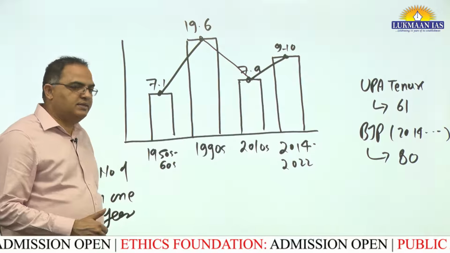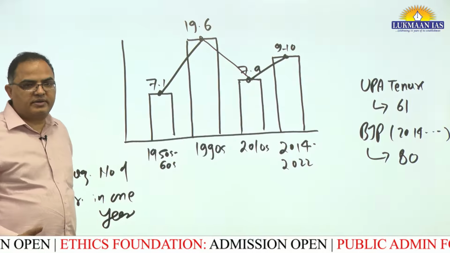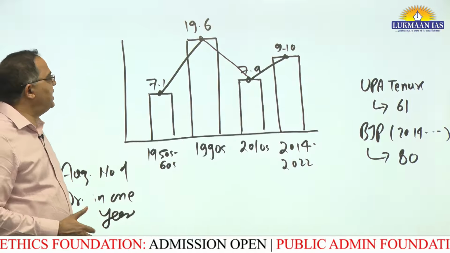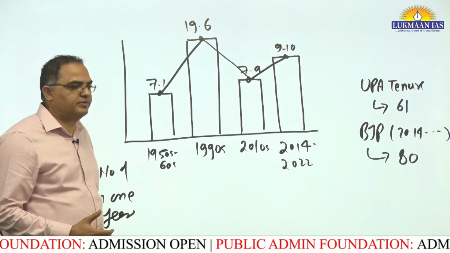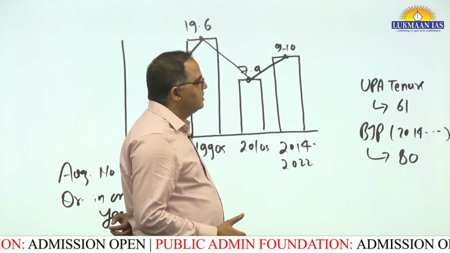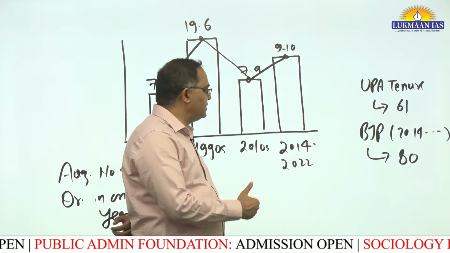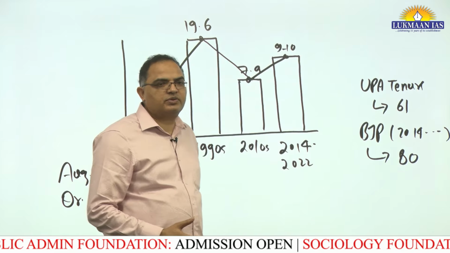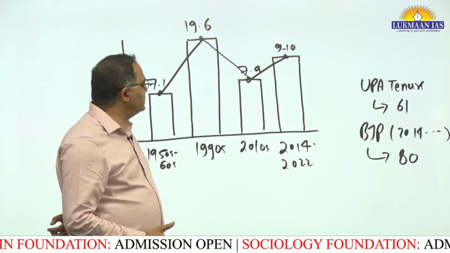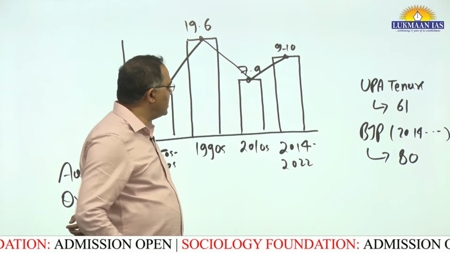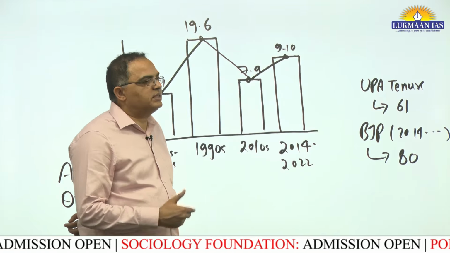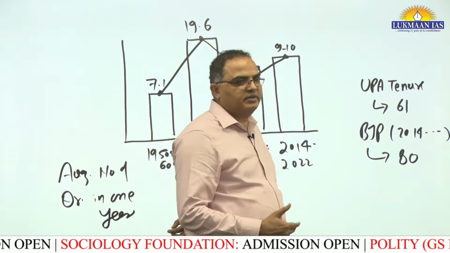But that rises like anything during the coalition era, highest at 19.6 average in one year. It declines to 7.9 during 2010, the UPA tenure almost. So it is still higher than the past. And as of now, it is 9 to 10 average in one year.